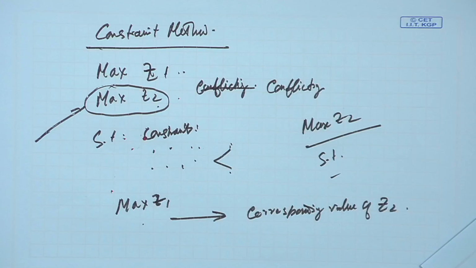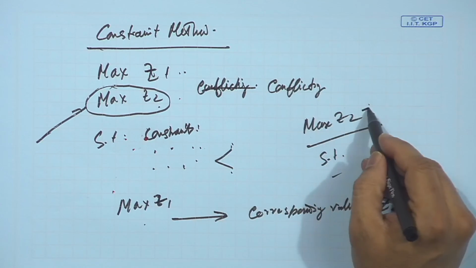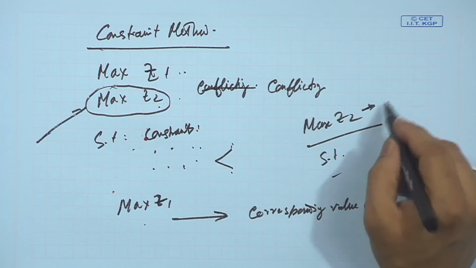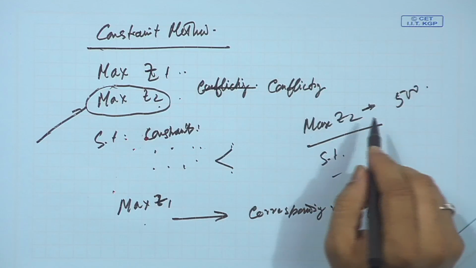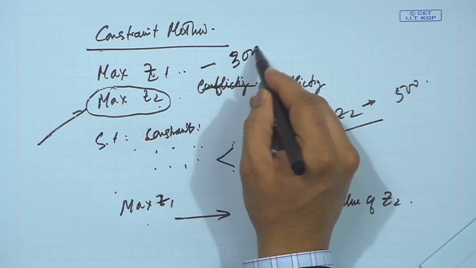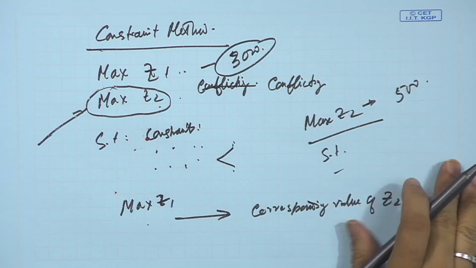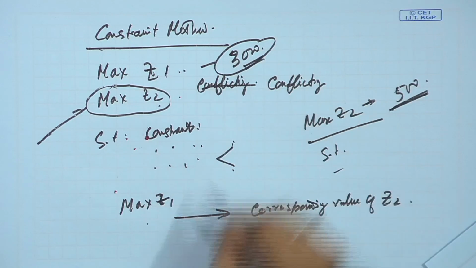That will give the maximum, or best possible, value of Z2 you can get, because I am not considering the other objective, so the trade-off is not coming into the picture. Say Z2 is equal to 500, and when you use only maximum Z1, maybe it is 3000 or something. I will just put some numbers. So 500 is the best you can get.